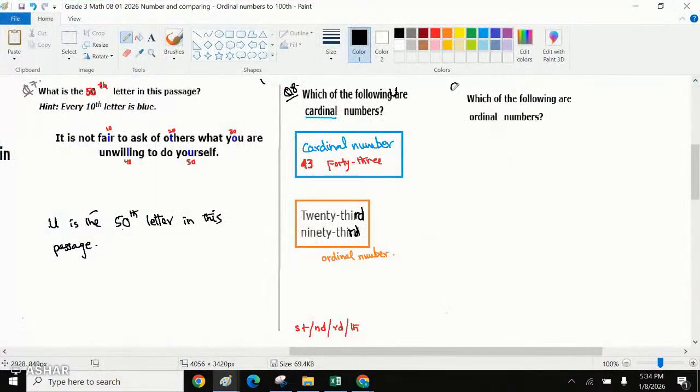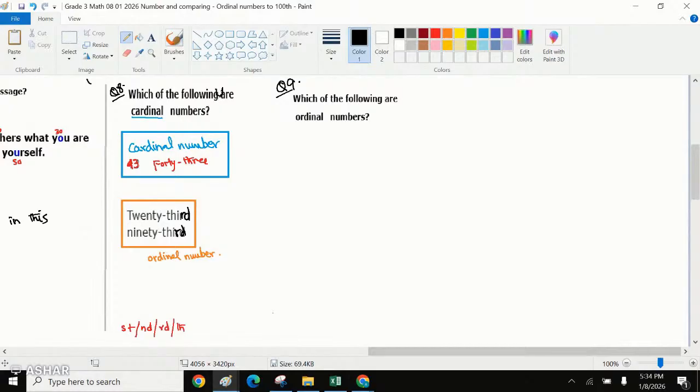From question number 9, if we need to find ordinal numbers, I'll write down the numbers, okay? The first number given is 68. The next one given is 60.